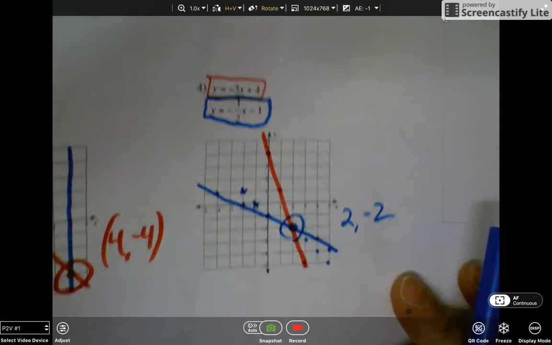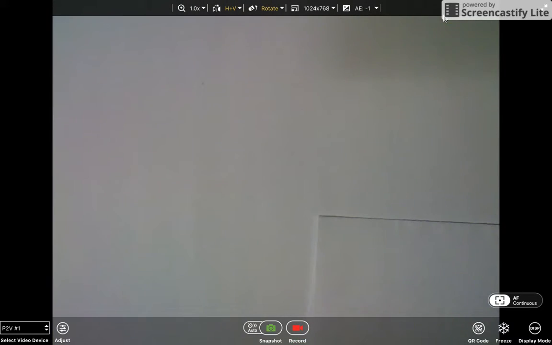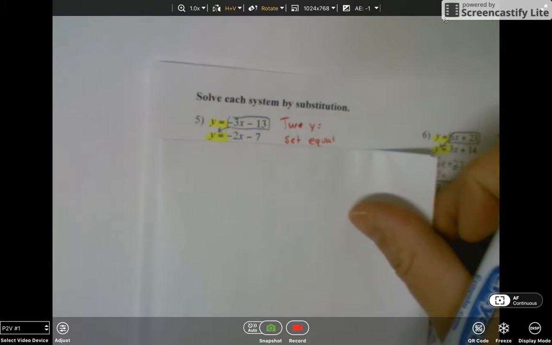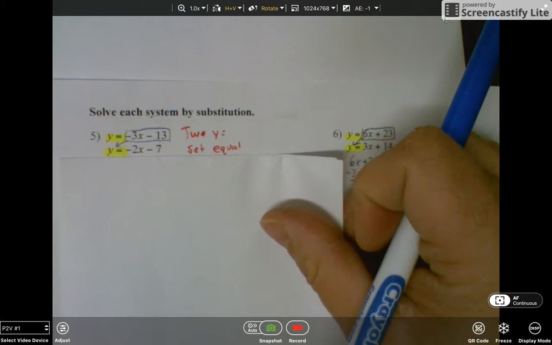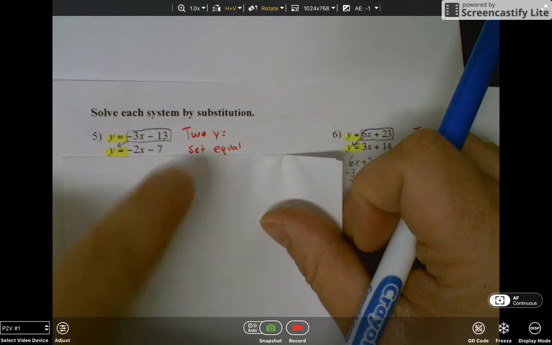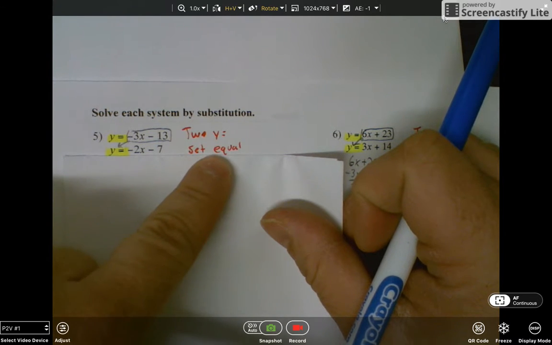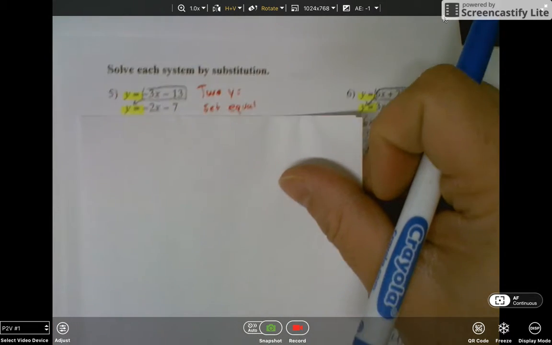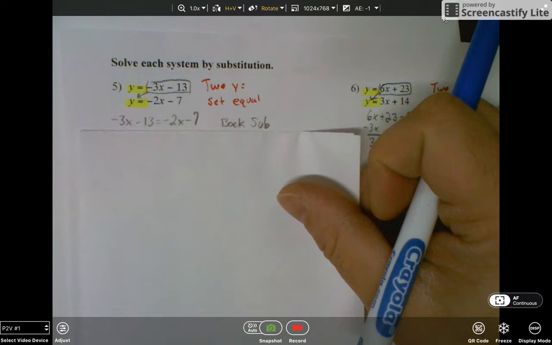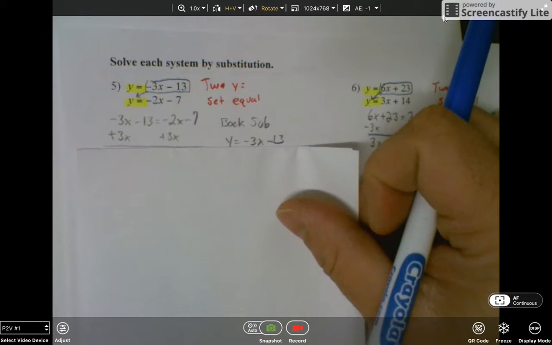All right, if you turn over to number 5 on the back, you will see here for 5 and 6, they're both y equals equations. So when you have 2 y equals, just set them equal to each other. You can see here, I set them equal to each other. Always get rid of the smaller term, which is -3x.